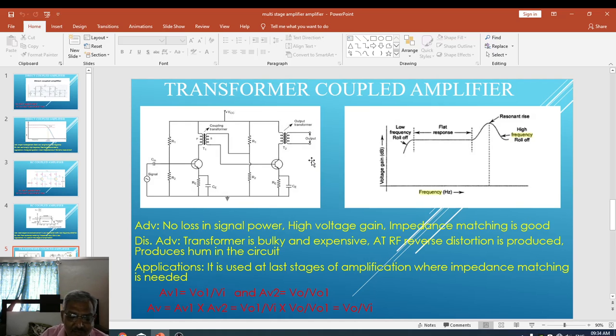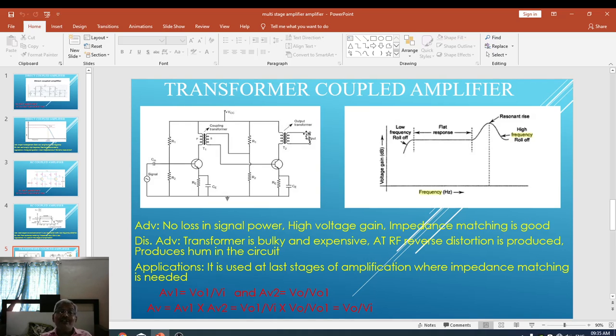Friends, let us plot its frequency response curve. By the definition of the frequency response, it is the graph of gain of the amplifier versus the frequency of the input signal. Keep input signal voltage Vi constant, vary the input frequency and note down the output voltage.